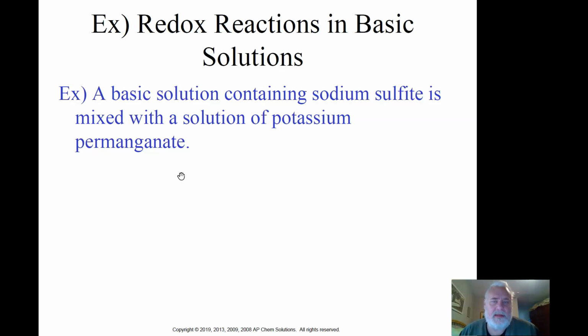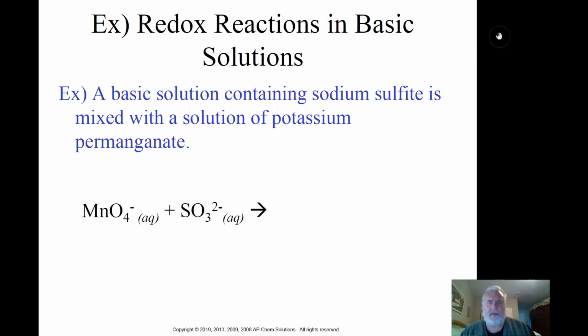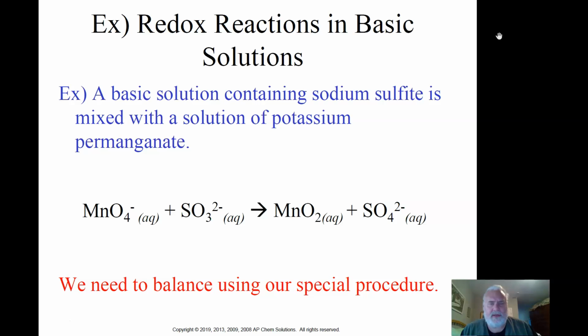So that means when we have the potassium permanganate, again, the business part is the permanganate, and then potassium is out of play, always those family 1, don't worry about them, and then sulfite. You remember we can talk about the oxidation of that sulfur. So here is the overall equation.